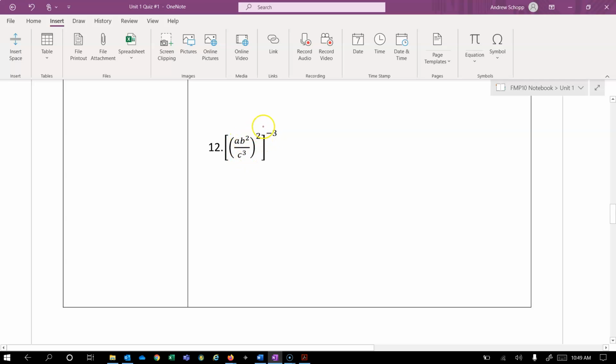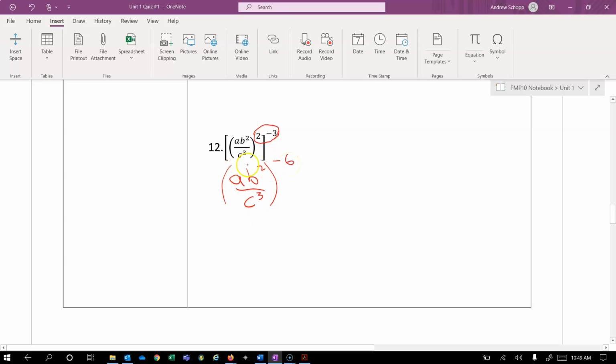Then I can see with the exponents, I could move the 2 in and square everything, and then I could raise everything again to the power of negative 3. But I could also simplify these exponents first. So we have a power being raised to a power, so we multiply the exponents. The base stays the same, and we now have an exponent of negative 6.